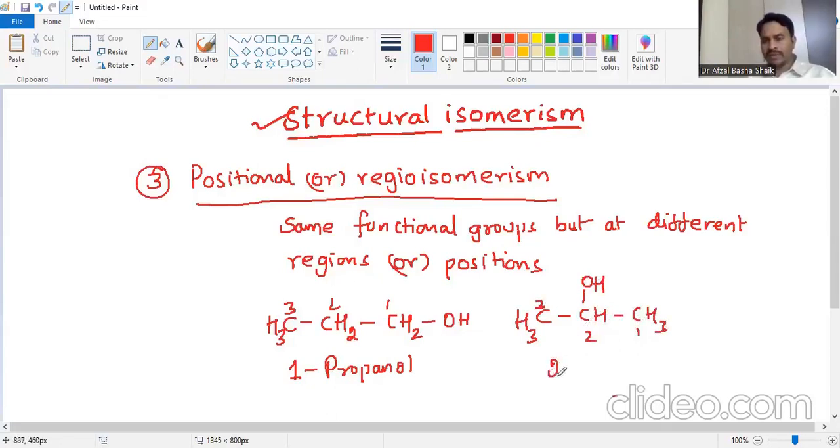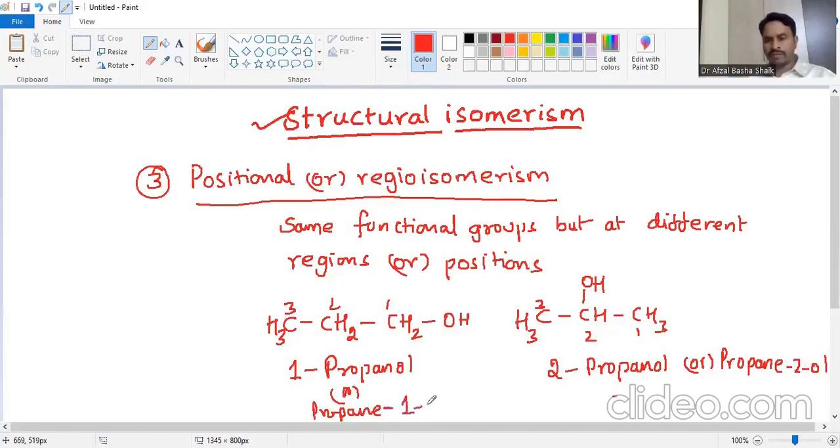At the second position, you have the hydroxy group. That is why this is called 2-propanol or propane-2-ol, and this is also called propane-1-ol, right? So this is 1-propanol. If you see, they have the same functional group, the hydroxy group or the alcoholic OH, but the position is different, or the region is different. That's why it is called positional isomerism or regioisomerism, right?